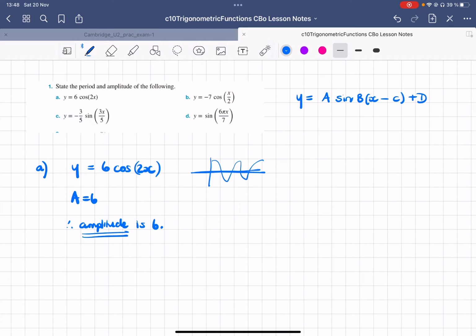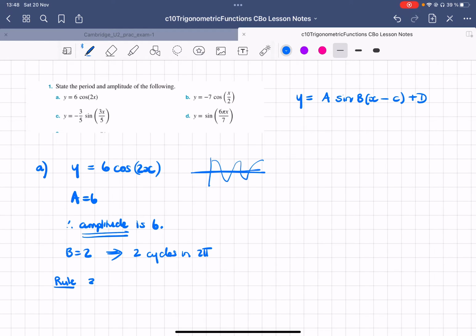If I'm still on question A and I want the period, well, the b value tells me about the period. And what that tells me, if I'm thinking of it in words, is there are 2 cycles in 2 pi. Now I can either use that to adjust to 1 cycle to see what the period is, because the period is how long it takes for 1 cycle, or I can use the rule.